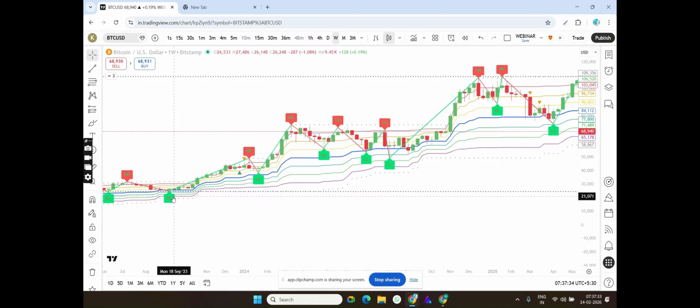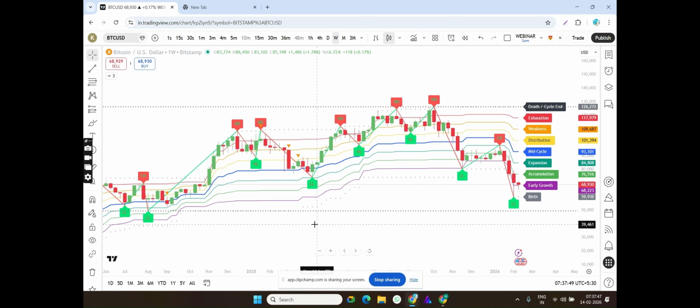So we got an exit here, we got an exit here, and then we got entry again, we got an exit here. Then we got an entry here and exit here. So this is on the weekly time frame. So within the monthly trades, you could have got 3 to 4 trades on the weekly time frame.